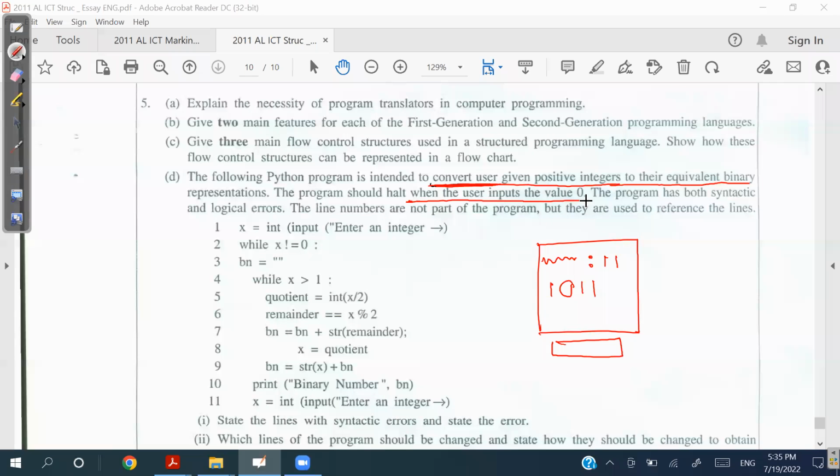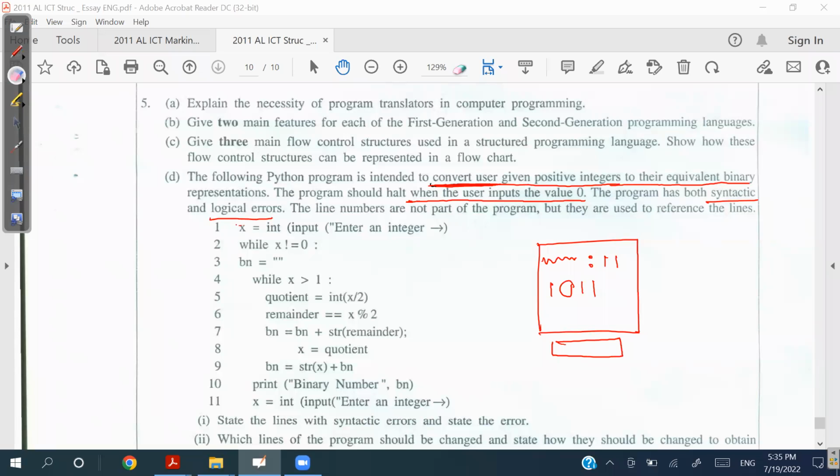And they say the program has both syntactic and logical errors. It is clearly mentioned in the question. The line numbers are not a part of the program, but are used to refer to the lines. So now here we have the program.